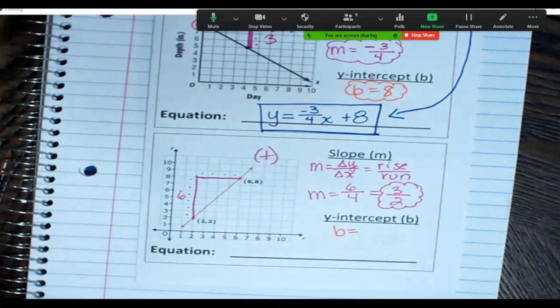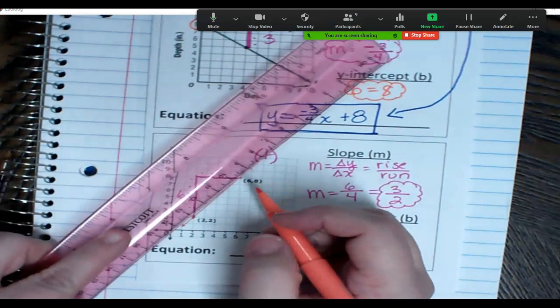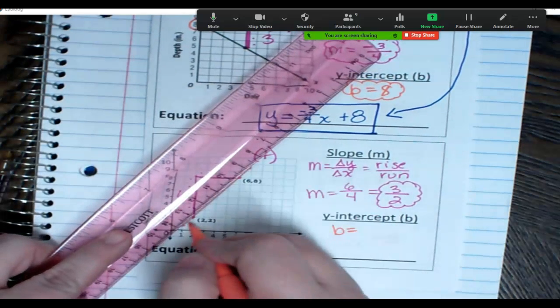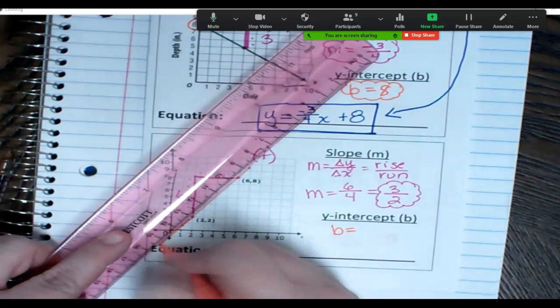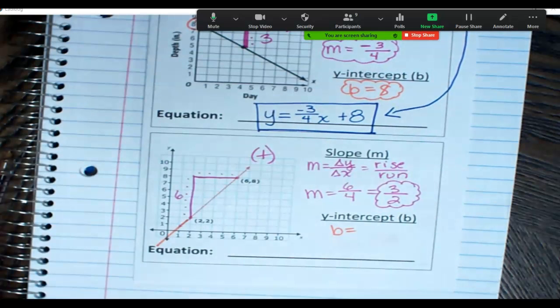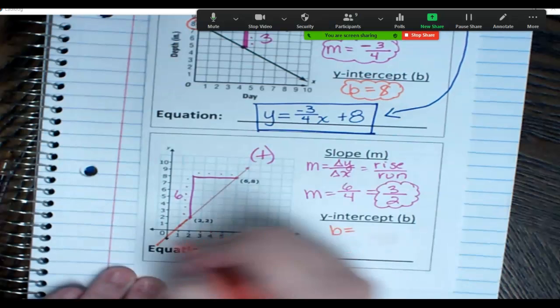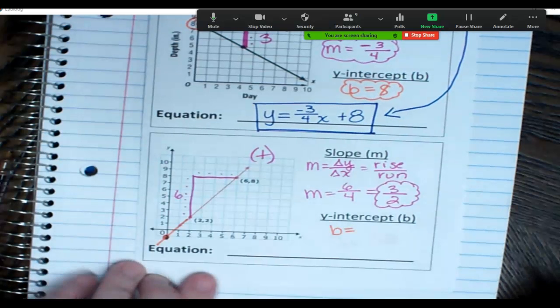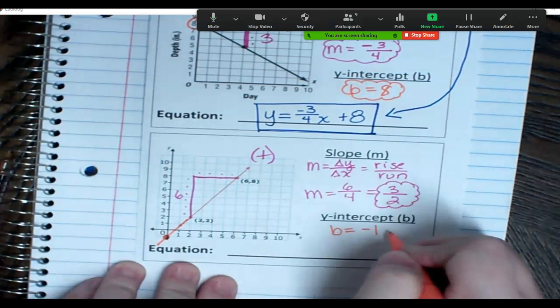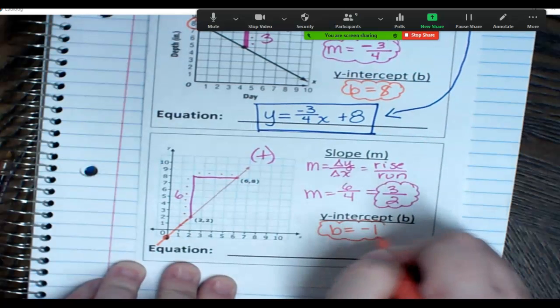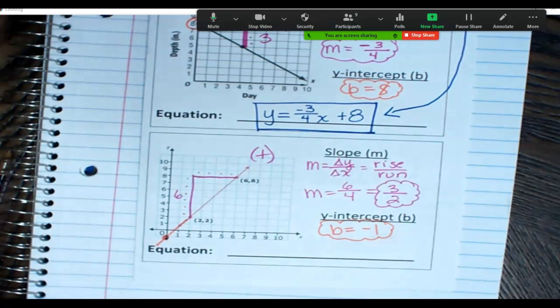So can I just draw that line a little bit longer? Let's do that. I have a ruler. I know you don't. But if I were to draw that and continue it out, where does it cross that y-axis now? It crosses at negative 1. Do we have what we need?